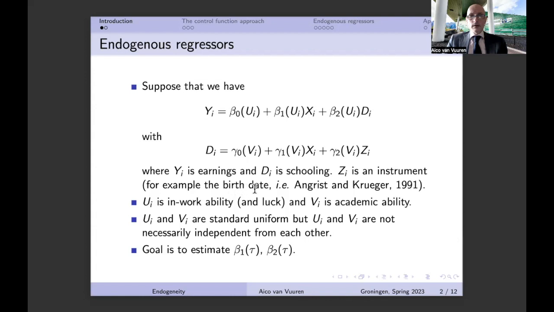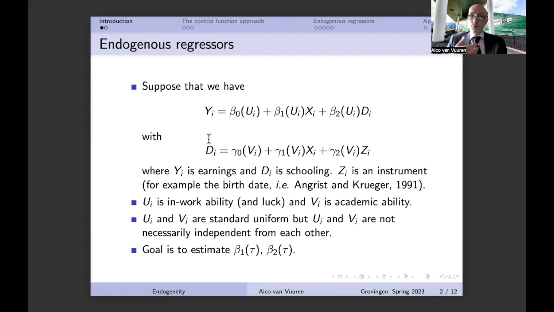Well, this is now two equations, and we see immediately that the d_i that we have over here plays a very important role. The reason is that here it is a right-hand side variable, and here it actually enters the left-hand side.